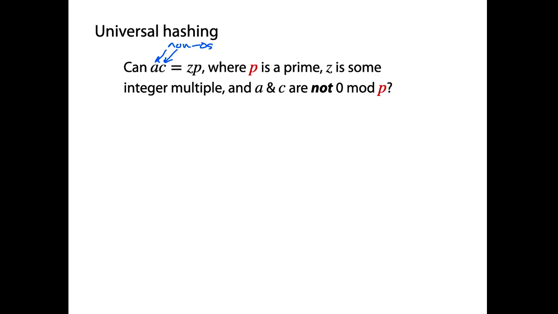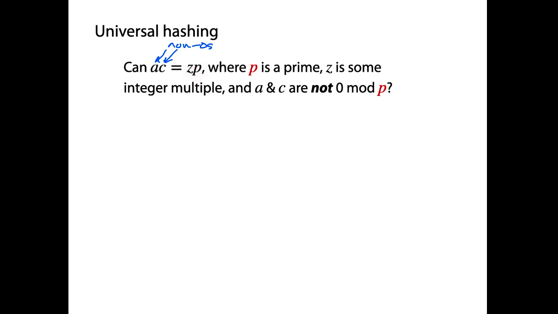If we can multiply them and get a 0, that means, shifting now out of the prime field to the integers, that we could just multiply them together and get some number that's a multiple of p. So that's what we're saying here.